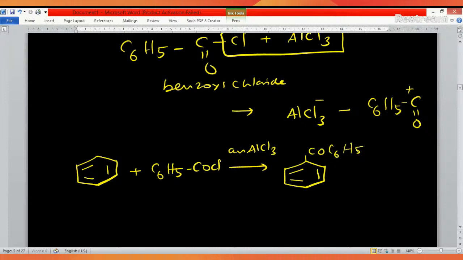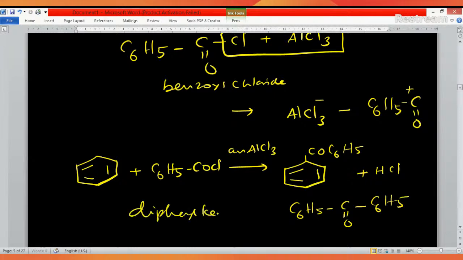It's the final product with the loss of HCl. We can have the other formula for this, C6H5 C double bond O C6H5. It is said to be diphenyl ketone. Diphenyl ketone is also called benzophenone. So these are the various examples of electrophilic substitution reactions of benzene at the introductory level.